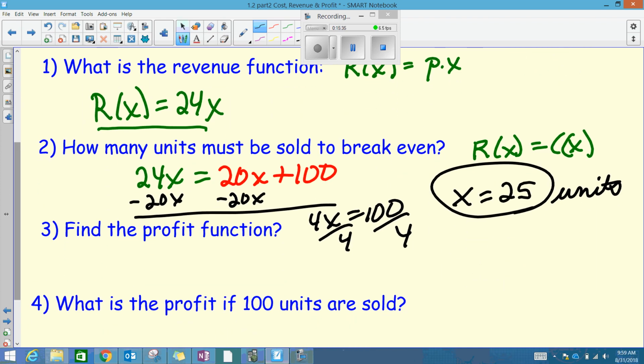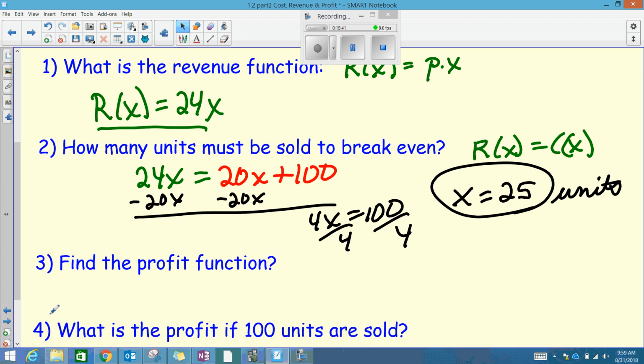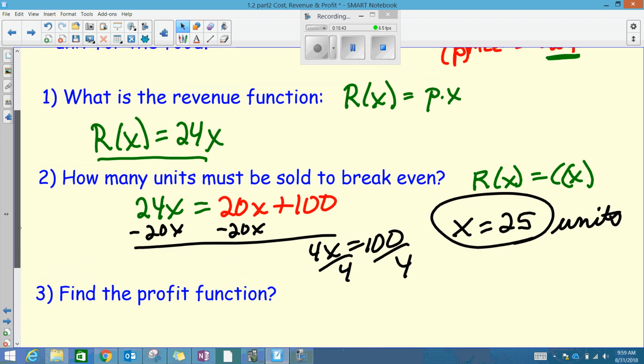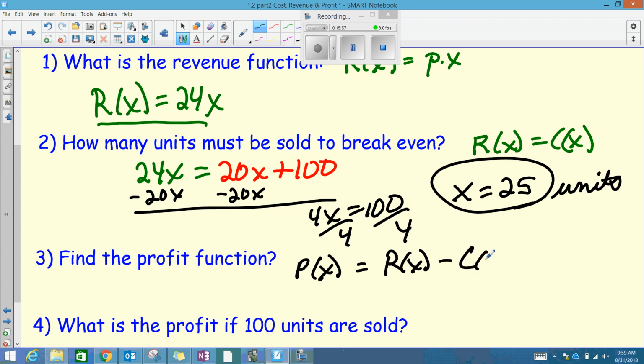Okay, now it says find the profit function. Again, profit function is revenue minus cost, right? So we want to take our revenue function. Profit is how much we bring in minus how much it costs.